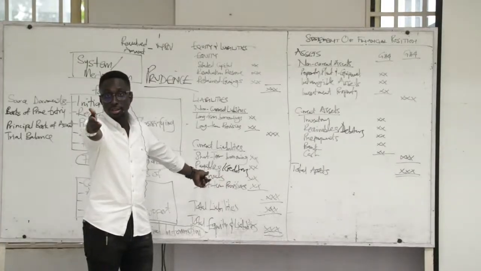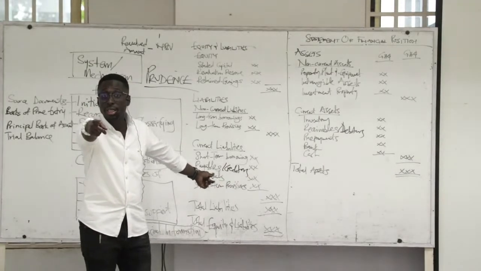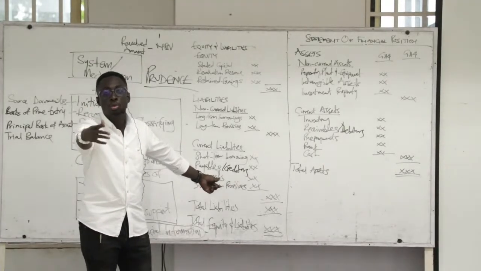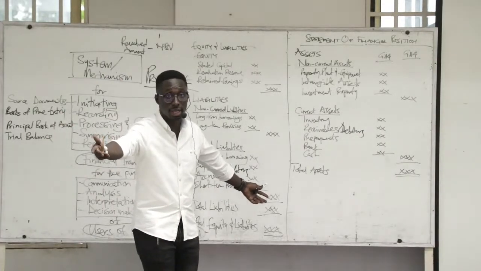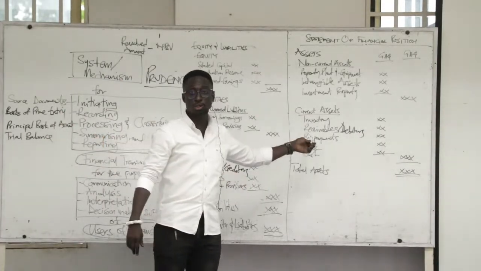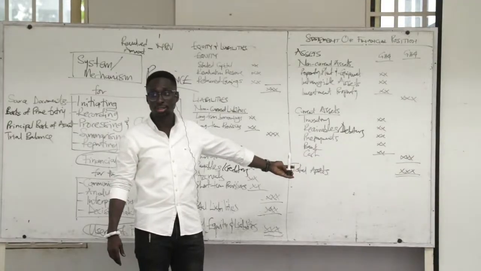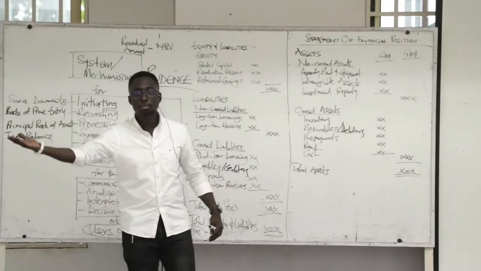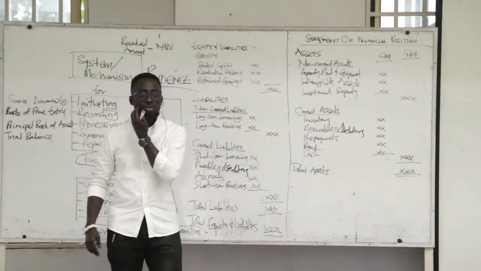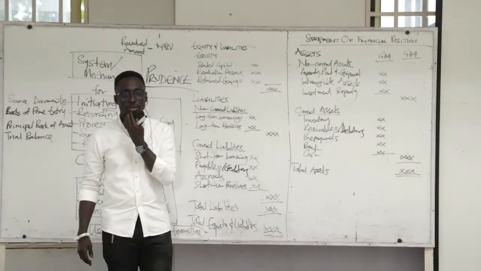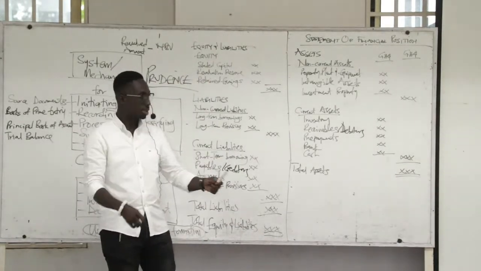Goods bought on credit. So it is purchase transactions, right? What did we say was the source document for purchase transactions? The purchase invoice. Exactly.